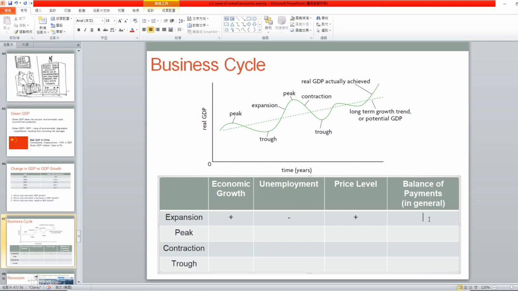And what about this? This is, I would say, the most difficult one to realize. So what will happen to the balance of payments if that's the case? If you have an expansion, what will happen to the balance of payment? If you think about exports and imports, do you think we would have a minus?